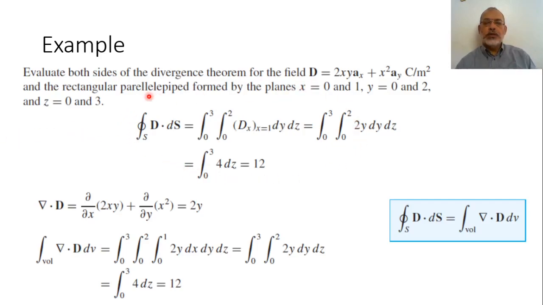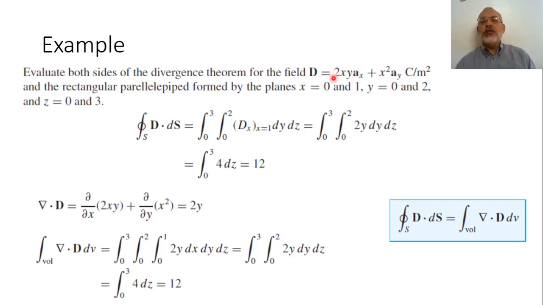Here is the result which we obtained for the integration over the closed surface. The divergence of D would equal the derivative of the x component with respect to x, plus the derivative of the y component with respect to y, plus the derivative of the z component, which is actually already 0, with respect to z.